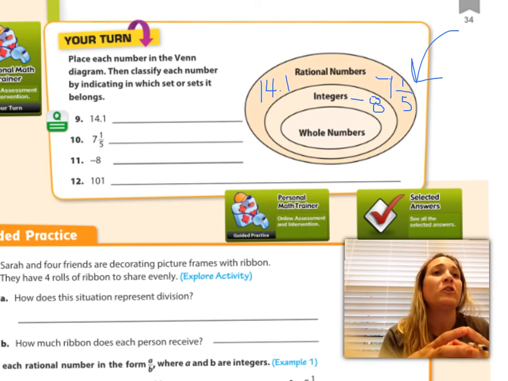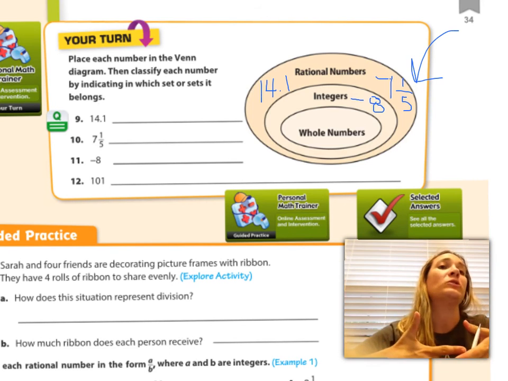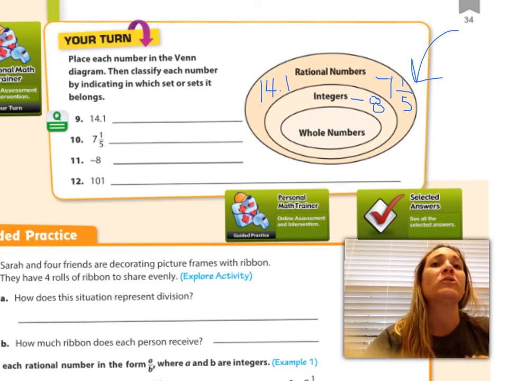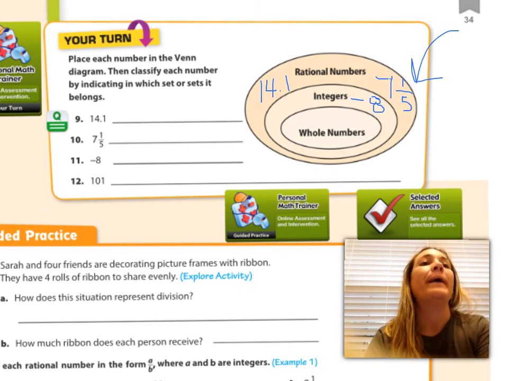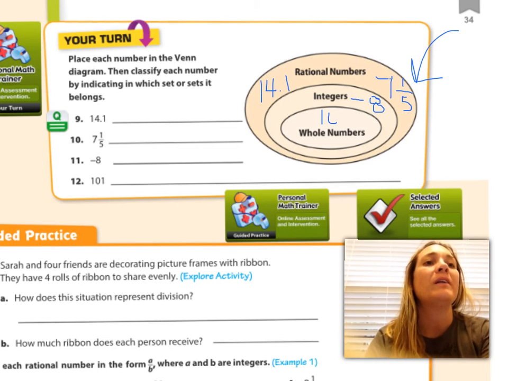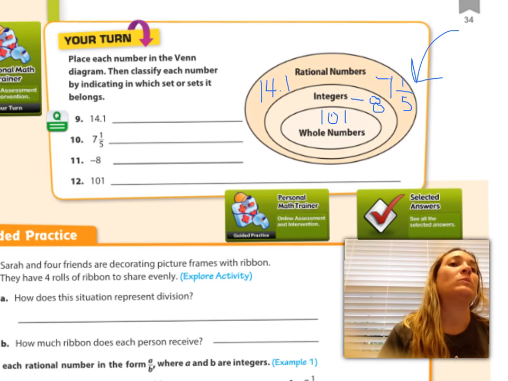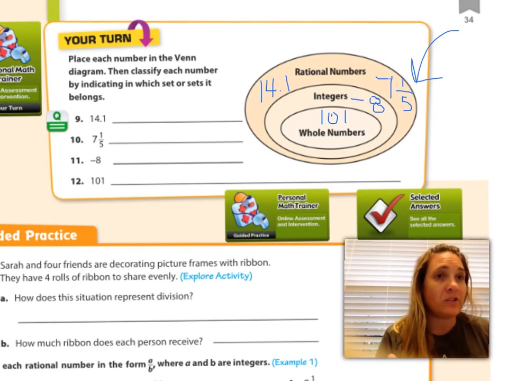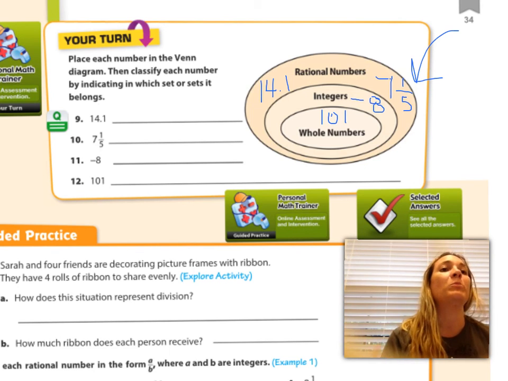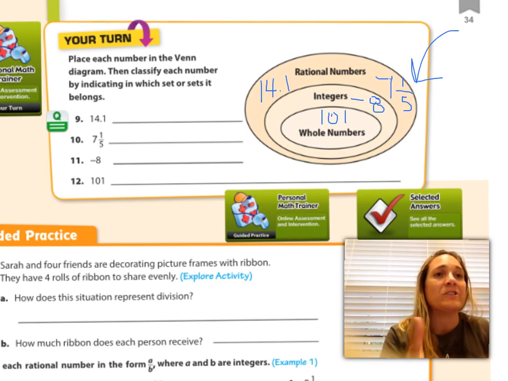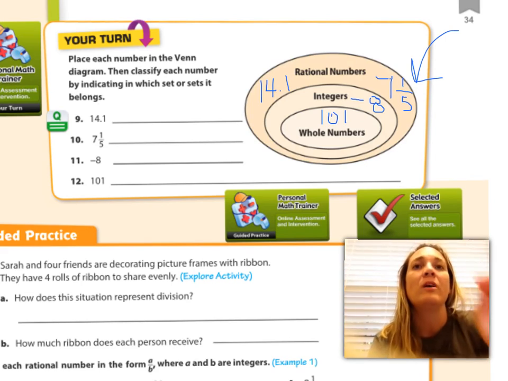Remember, integers are inside the circle of rational numbers, so integers are also rational numbers. And then 101. That's a positive number. That is not a fraction or a decimal, so it's a whole number. And it makes it also an integer, and it also makes it a rational number because the whole number circle is inside the integers and inside the rational numbers.